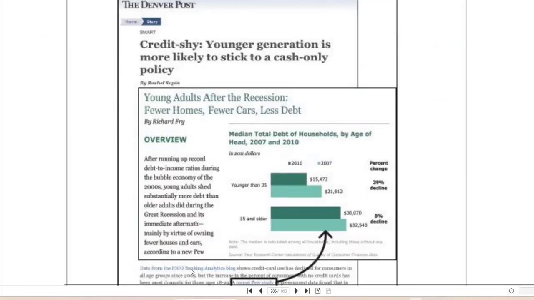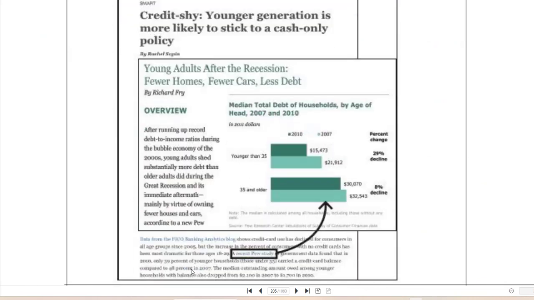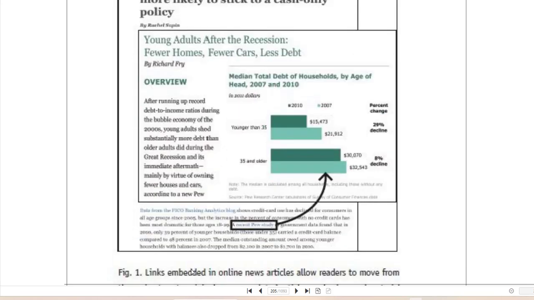And here is an example of how you can use statistics and graphs to show numerical data. If you have a lot of statistics and numbers, it's better to put it into a graph. Otherwise, you overwhelm the reader with too many numbers.